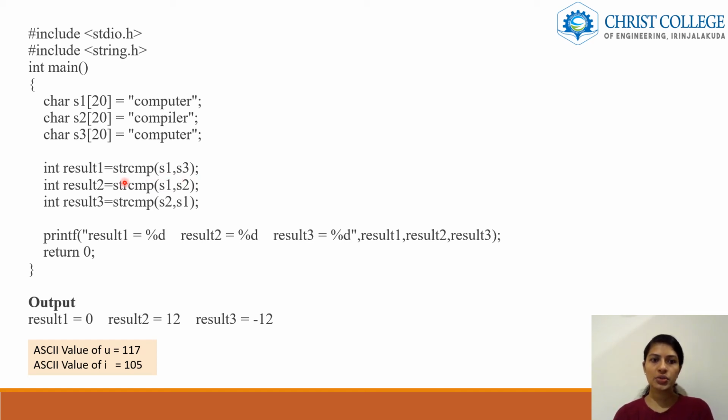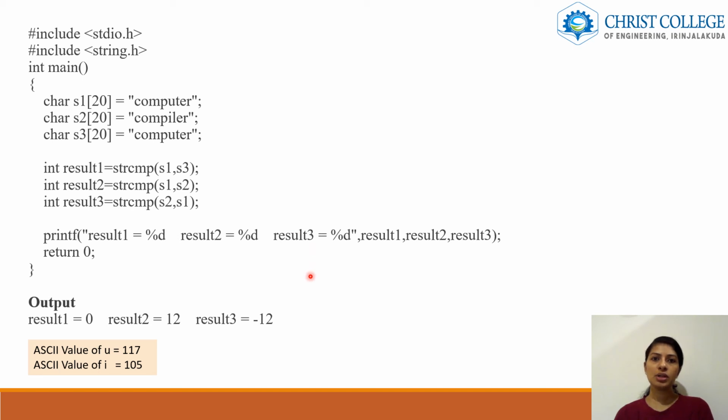It is assigned to an integer variable result1 because strcmp function will return an integer value. Then strcmp of S1, S2, it is assigned to an integer variable result2. strcmp of S2, S1, it is assigned to an integer variable result3. Now this is the print statement for printing the variables result1, result2 and result3.